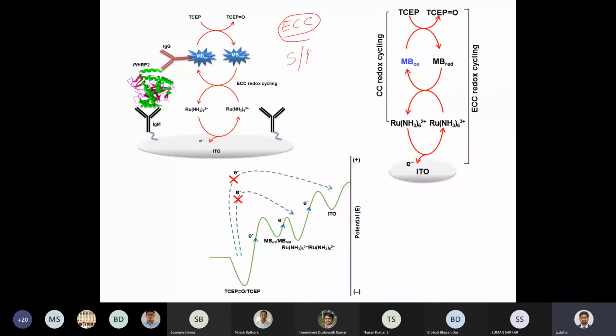So for that, background should be low and signal should be high. How can we get this? The T shape, this will be present in the background also, right? So the T shape and ruthenium hexamine 3 will be present in the background. So they should not react to each other, right? And the T shape itself should not react on the surface.